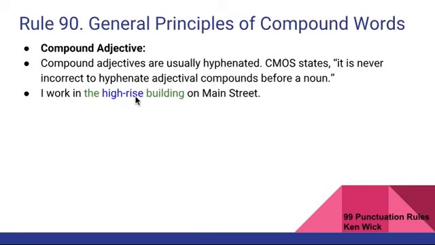I work in the high-rise building on Main Street. I've highlighted these to show here's the noun, and here's what I call the signal word, the article. I know everything between an article and a noun has to be an adjective. We'll use this later when we look at words, but I know this is an adjective, high-rise.